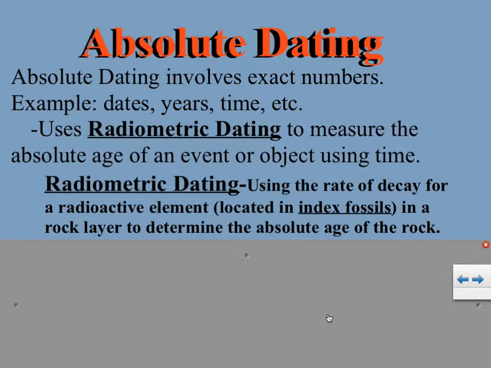It's basically saying that radiometric dating uses the rate of how something breaks down, for a radioactive element located in index fossils, and index fossils are fossils found in one particular geologic age.